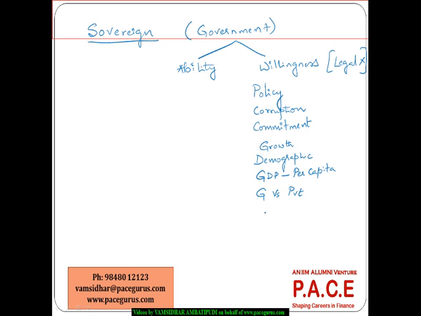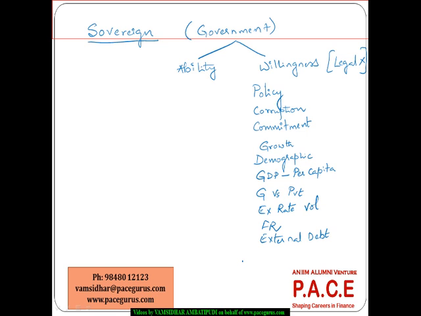Then looking at it from an international perspective, what is the exchange rate volatility of the currency with respect to other currencies? What are the foreign reserves that this particular country holds of different established currencies? What is the external debt as a proportion of the GDP or as a proportion of the total debt?